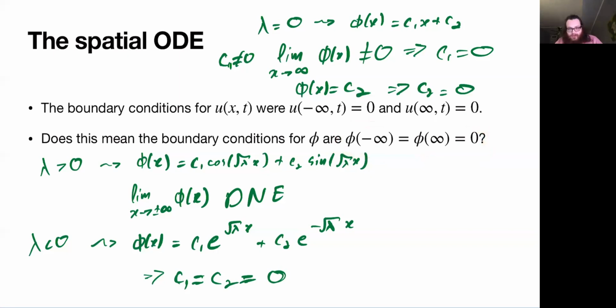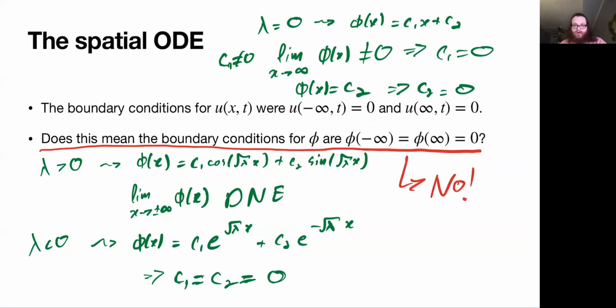We don't get any viable solutions. So the takeaway: does this mean the boundary conditions for phi are phi of minus infinity and positive infinity equal to 0? The answer is no, they don't work.